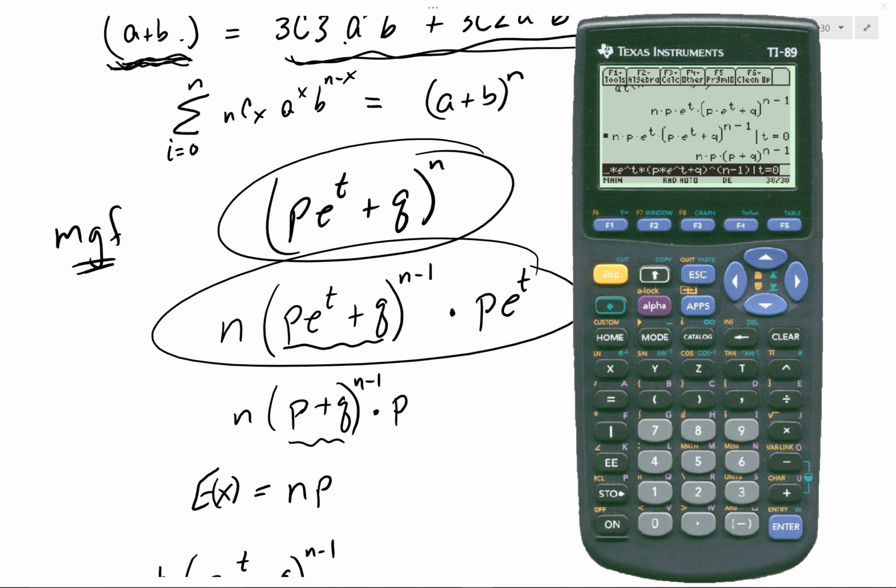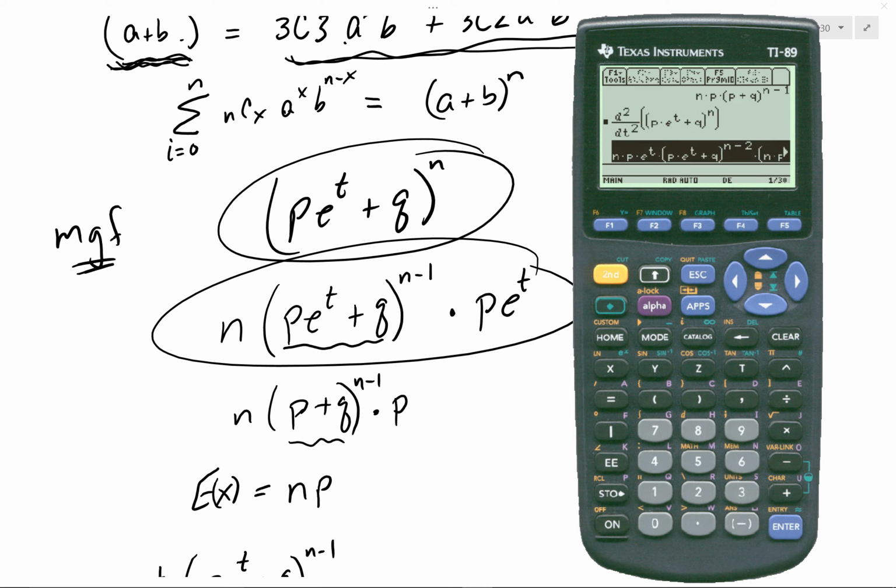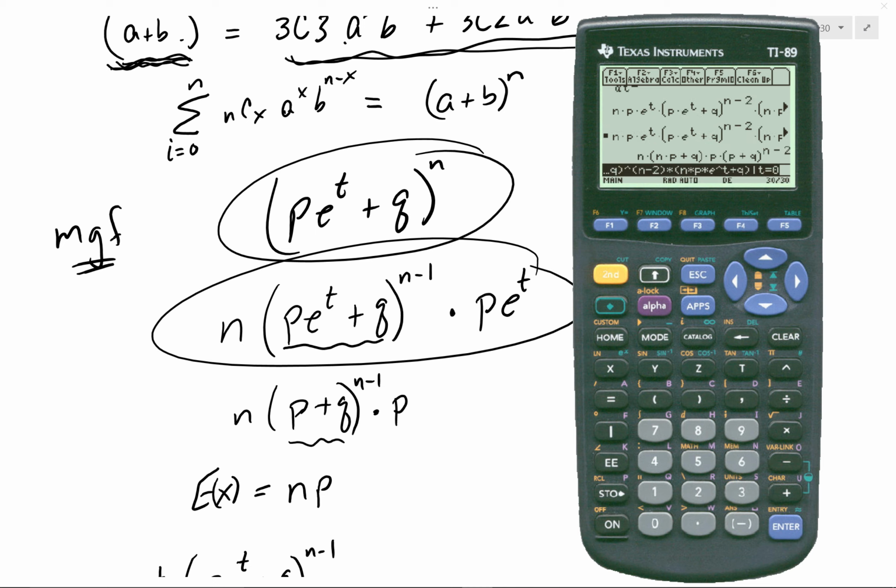Now, you're like, okay, well, that's great. Well, come back up here, and let's grab that guy again. Let's find the second derivative of it, yes? So, comma 2. So there's my second derivative. And then, of course, I just evaluate it at t equals 0. There it is.